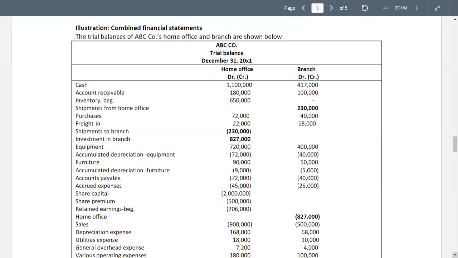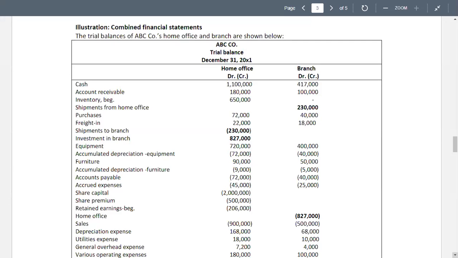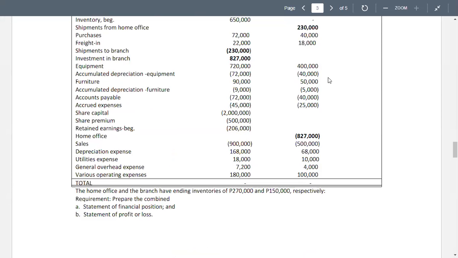Then retained earnings, beginning. In the books of the branch, we have the account home office, and normally it's credit in the books of the branch. Reciprocal to that, in the books of the home office, we have the account investment in branch.